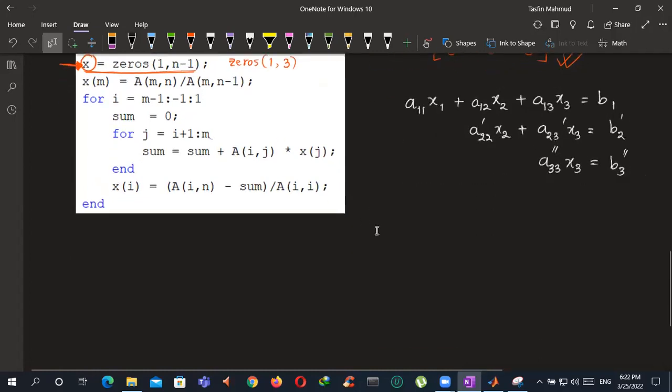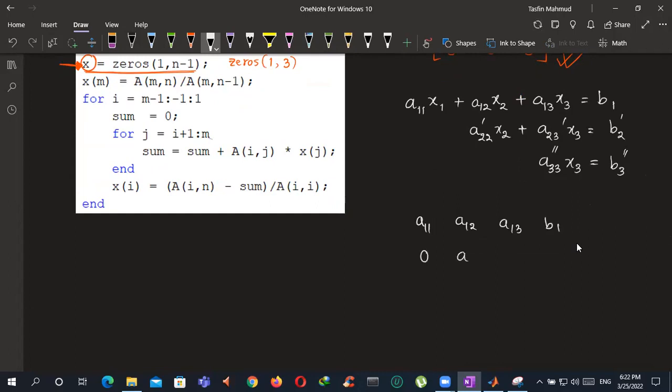If I write it, our augmented matrix looks like this: A11, A12, A13, and here we have B1. Then we have 0, A22 prime, A23 prime, B2 prime.